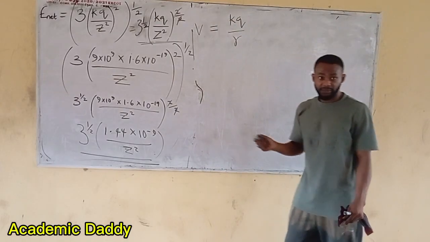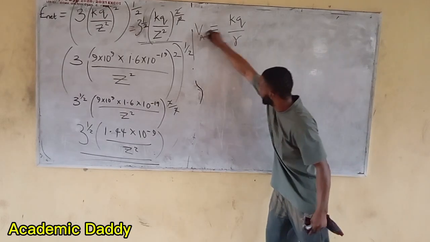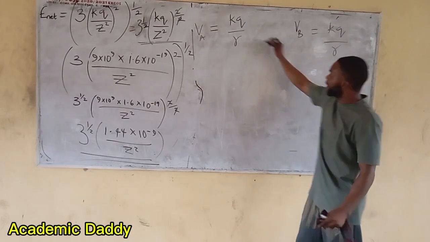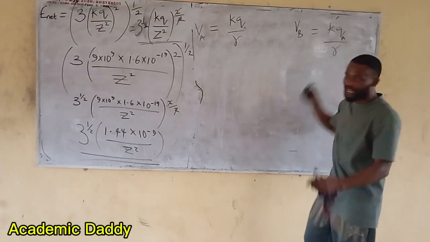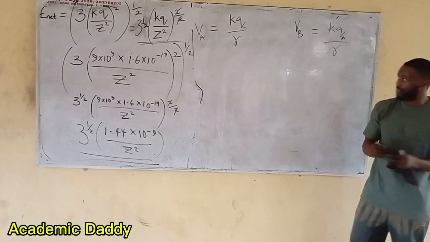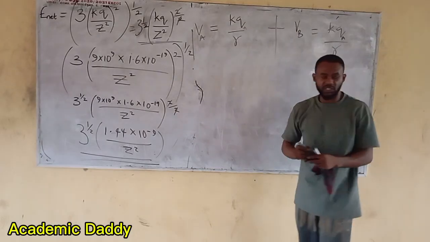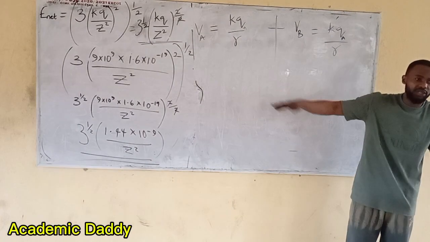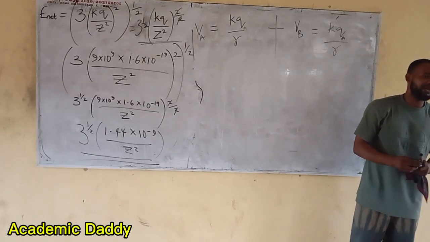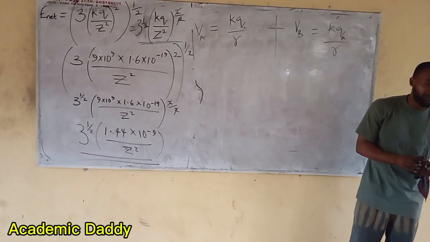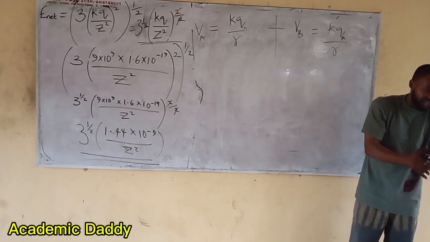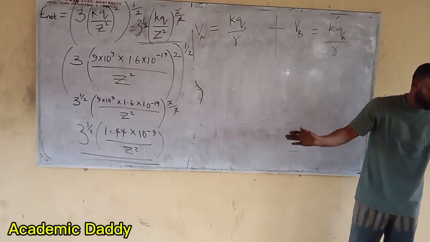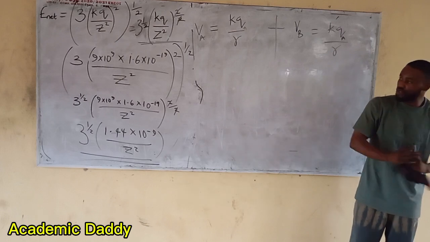So VA and then VB will be equal to KQ over R. Remember that this charge here is positive, this is positive, the same charges. So you just add the two because it's a scalar. Anytime you know something is a scalar quantity, no need suffering, just add up. That is why the principle of superposition, which just sums up charges, works, because charge is a scalar quantity.